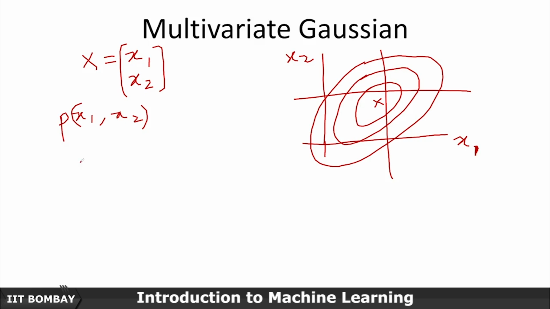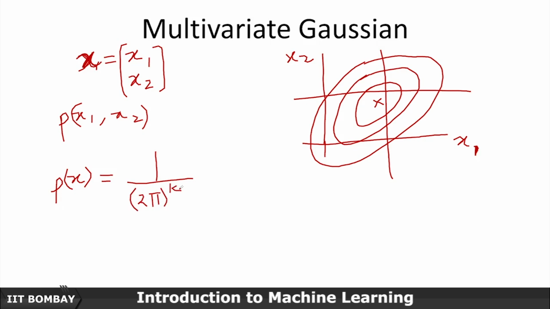So, this p of x, which is a two dimensional variable, or multi-dimensional variable in general, is going to be 1 by 2 pi to the power k. K is the dimension.